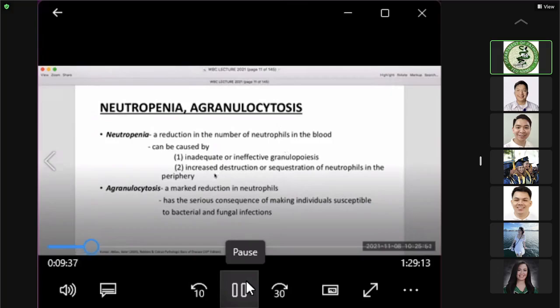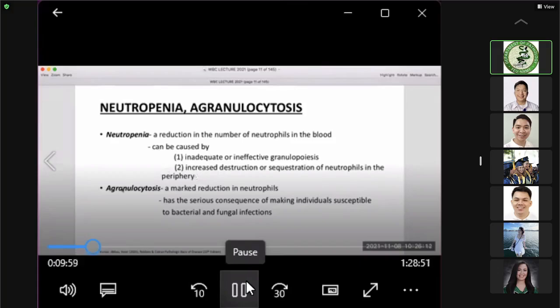Or, on the other hand, it could be increased destruction or sequestration of neutrophils in the periphery. So there's no problem with the production. However, there is an increase in the destruction of what has been produced.